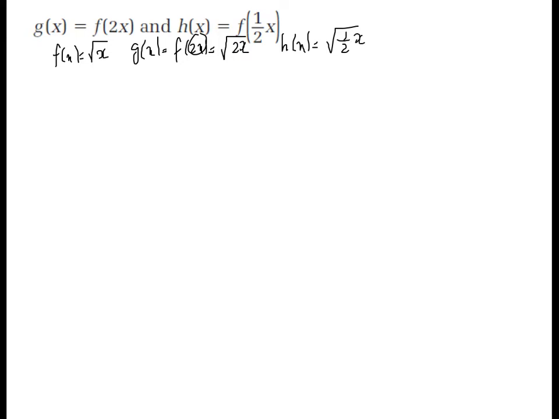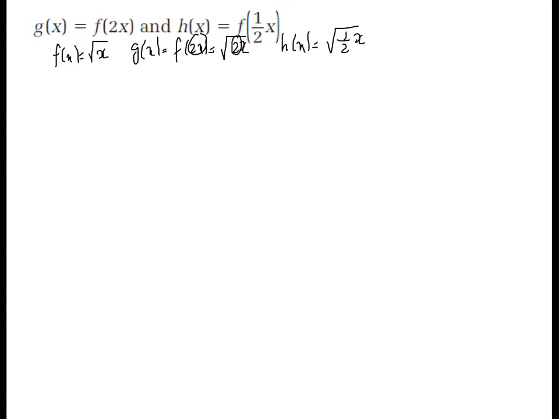Now, what we have to do is first explain the transformation here. Since here you multiply, your b value in g of x is 2, and the absolute value of 2 is greater than 1, then we know that g of x is a compression of f of x along the x-axis by a factor of 1 over 2.